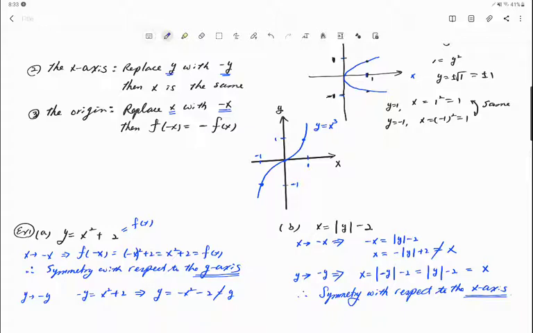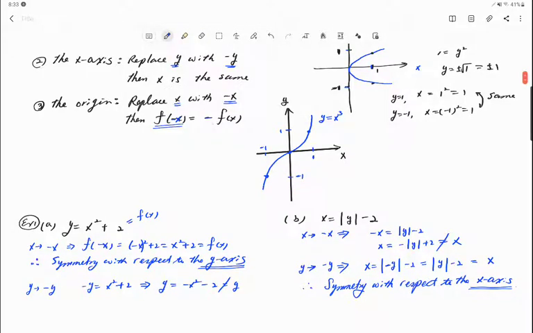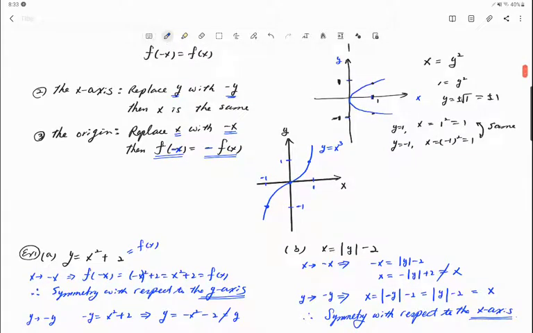So the result is that when x is replaced by negative x, then the y value will be the negative of the y value of x. Can you see it? So this type of graph is symmetric with respect to the origin.